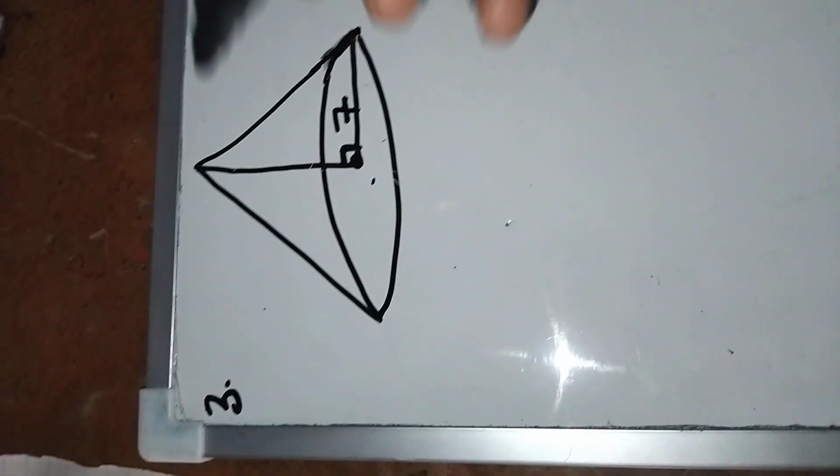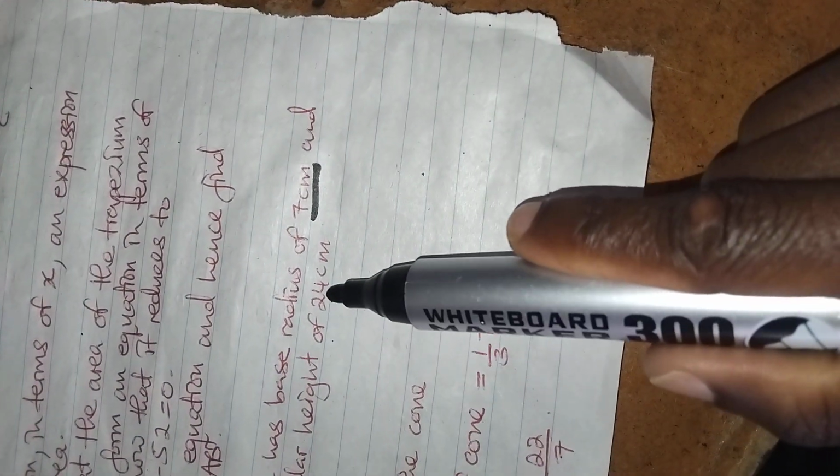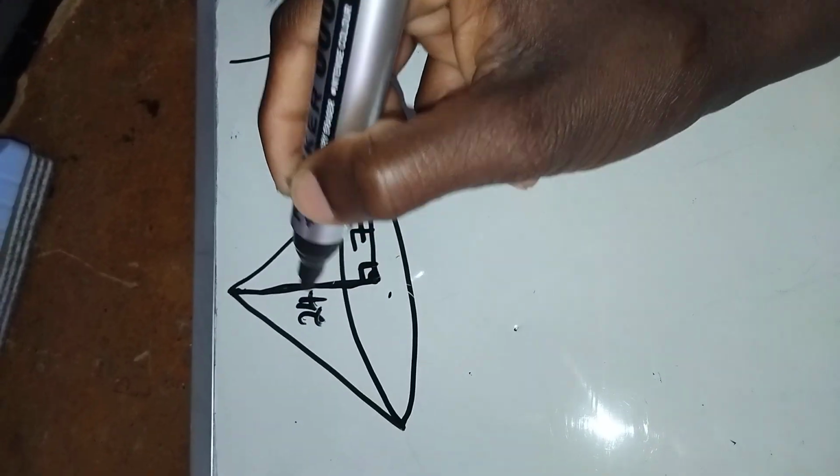And a perpendicular height of 24 cm, from here to here is 24.